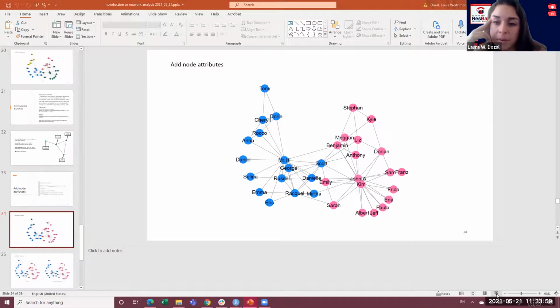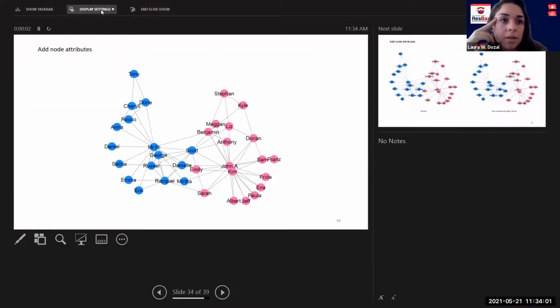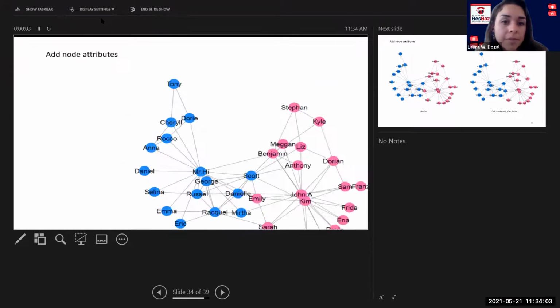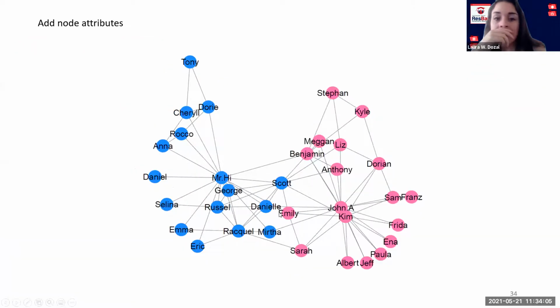Here's probably a better way to zoom in and check it out. Okay, here we have our two attribute factions that connect to groups on either side. Now Mr. High is on the left instead of like in the R plot.